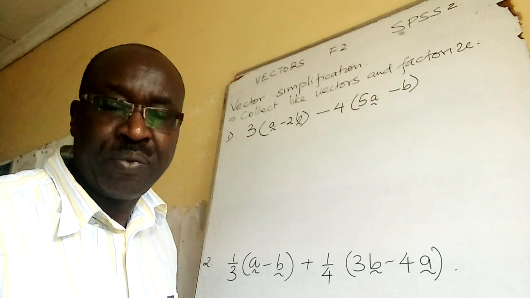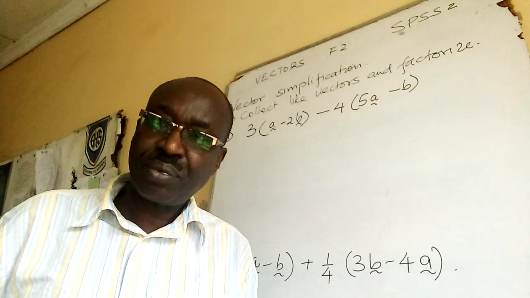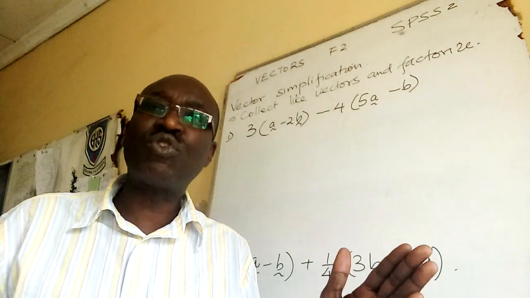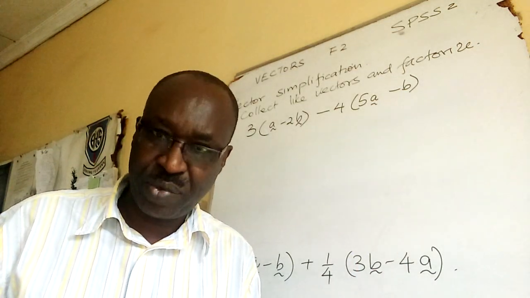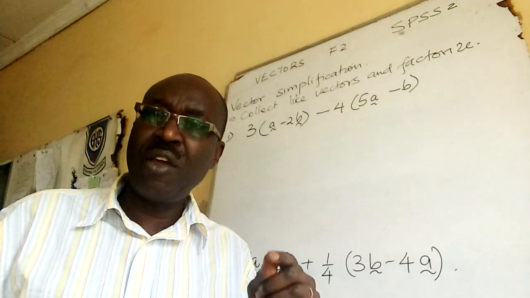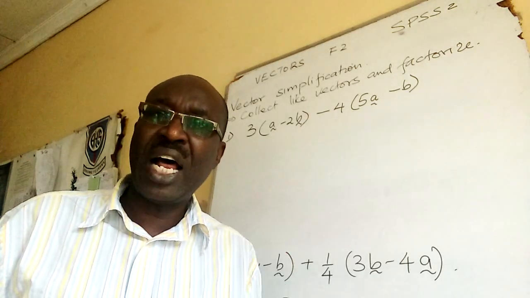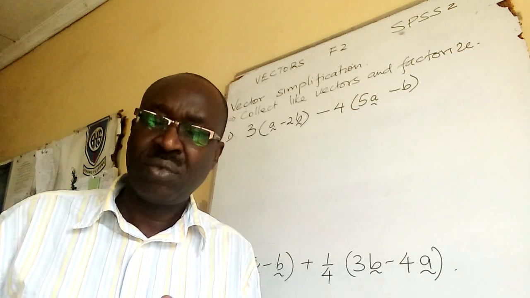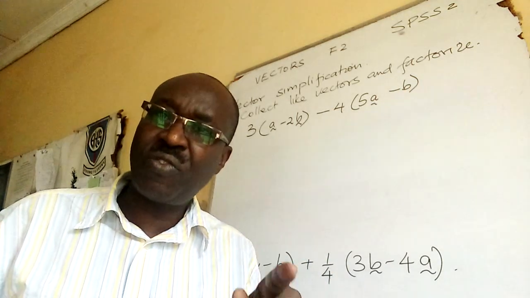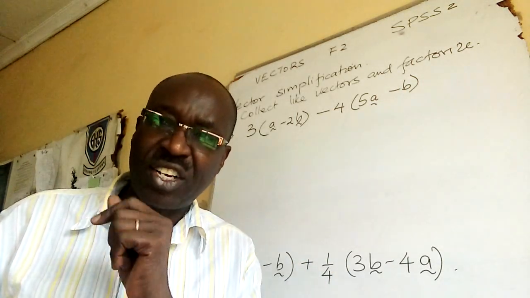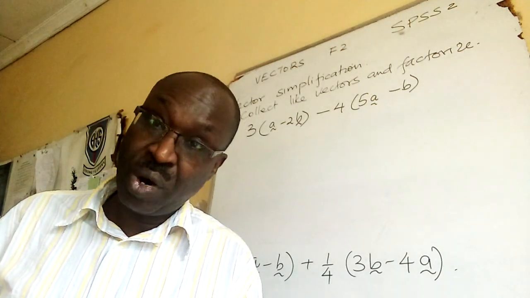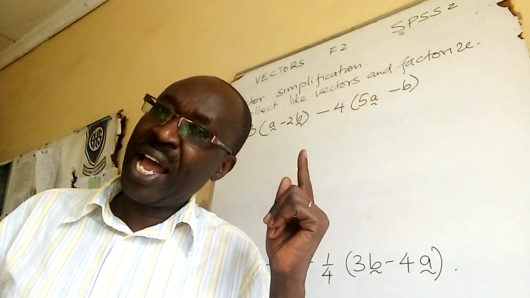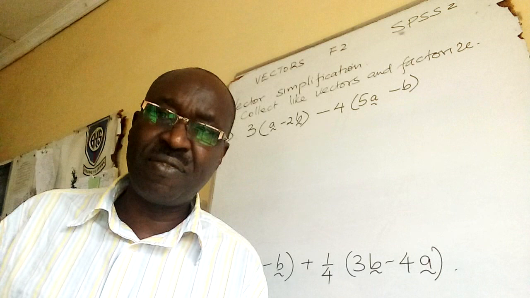What does it mean? Just like in algebra, when you have an expression, you have to bring together the like terms. For example, if I have 3x plus 4y plus 5x, it calls for simplification because I have 3x and at the end I have 5x.